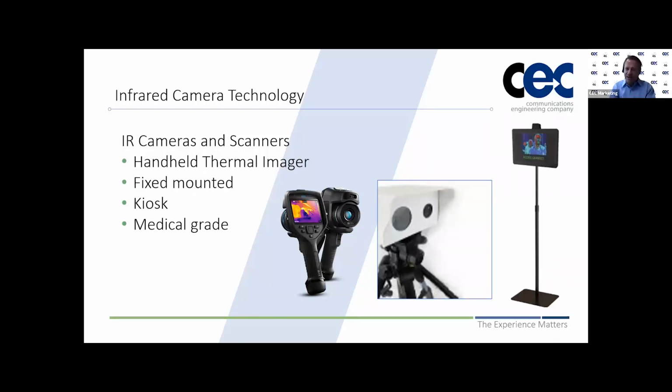Although it's lower cost, it requires an operator for each one of these units, of course. So the labor portion of deployment on this is going to be higher. It also means that the person is going to be in closer contact with the subject every time they perform one of these measurements. What we're seeing the most interest in is these fixed mounted cameras. You see the one there in the middle. It's a camera with two different lenses, one IR, one regular camera, so you can see both the real-time view of the subject and the infrared view simultaneously.